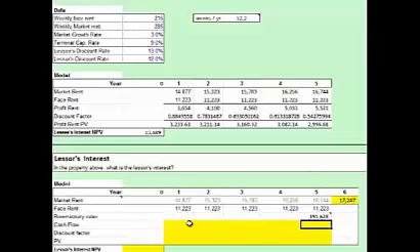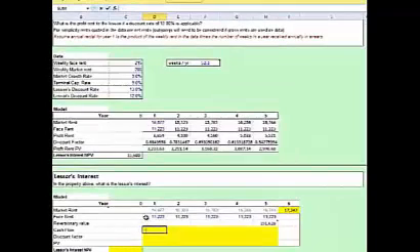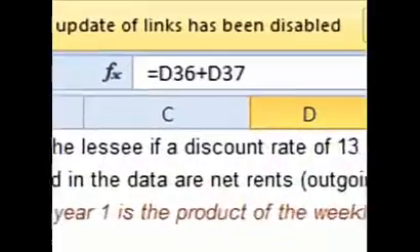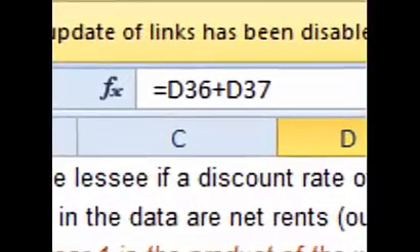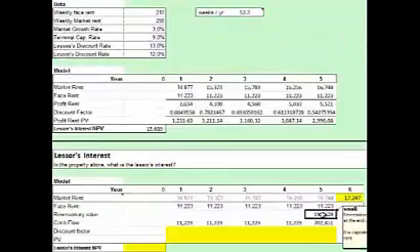That gives us 191,000, and this means that the cash flow to the owner, the landowner, is simply equal to the face rent plus the reversionary value if it occurs, and we can spread that across.